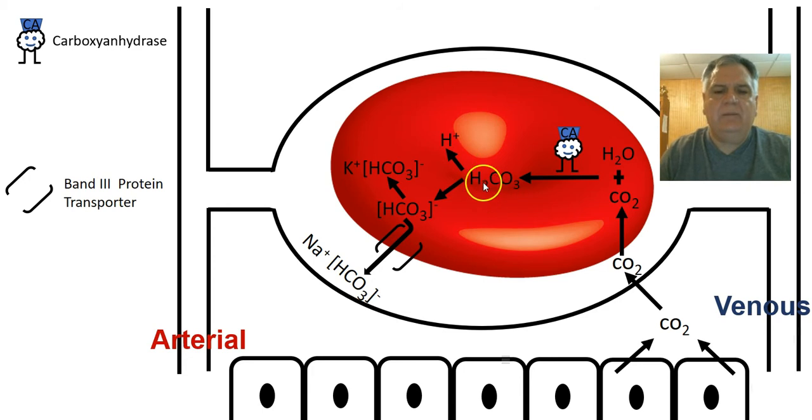So now what's going to happen is if we lose all of these bicarbonate ions from the red blood cell, we're going to start to have an imbalance of positive and negative charges. The hydrogen ions are going to be retained here, and we'll talk more about what happens to them in just a bit, but these bicarbonate ions, which are negatively charged, are going to be lost.